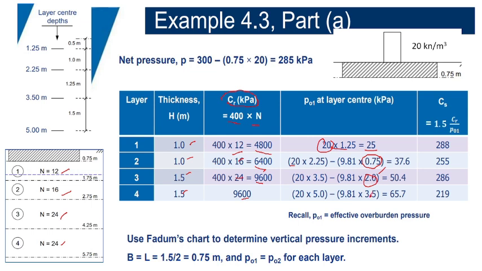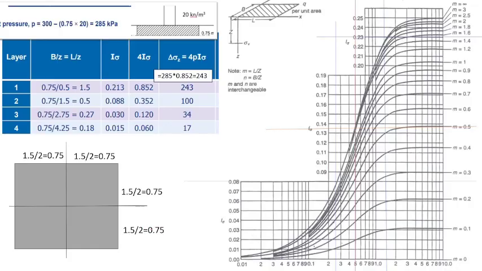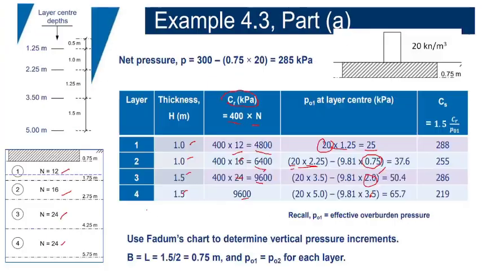It becomes 3.5. In other words, you just have to multiply the unit weight of the soil to its total distance, like 2.75, and then 2.25 at the center, 3.5, and then subtract the presence of the water.